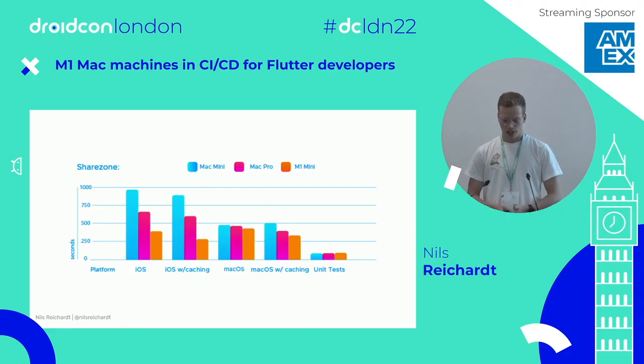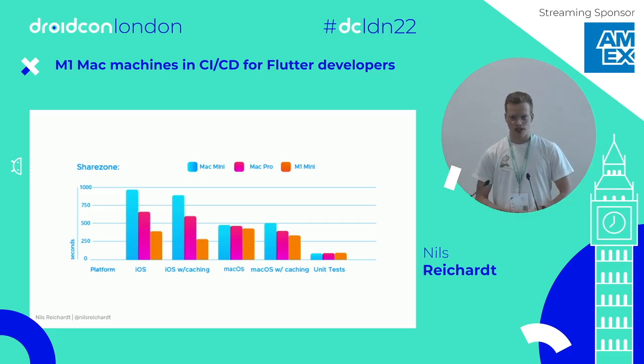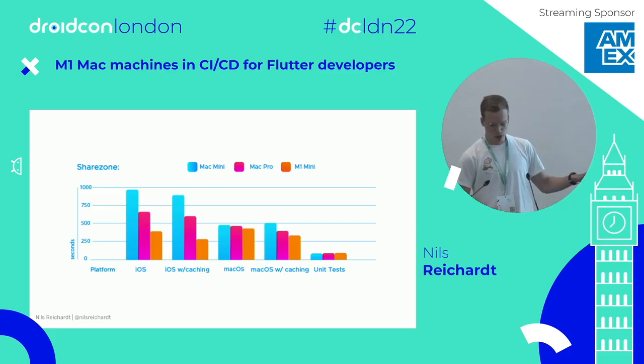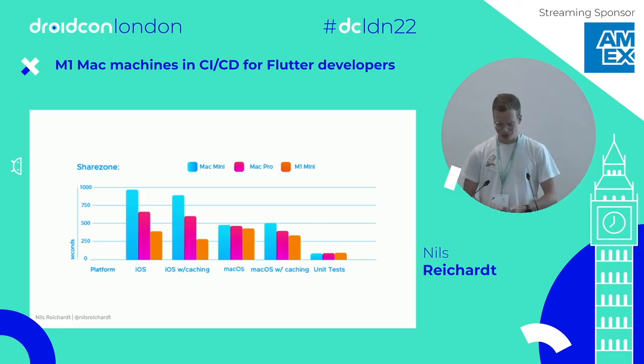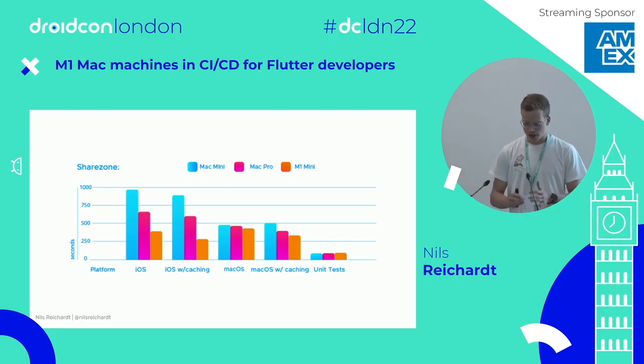You can see here 3 machines, 3 colors, and especially on the orange color, the M1s are really fast and the build time is very small. We're going to ignore the unit test thing, because I don't know why it's a bit longer on M1. I don't know what's happening, but for the build things, it's really fast. And so this is for ShareZone.